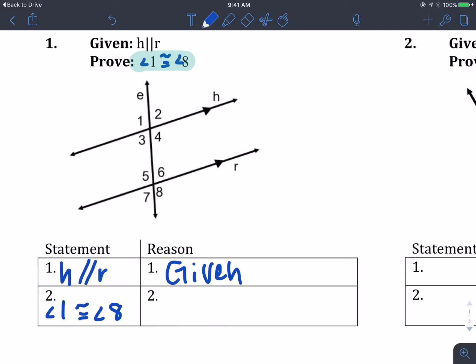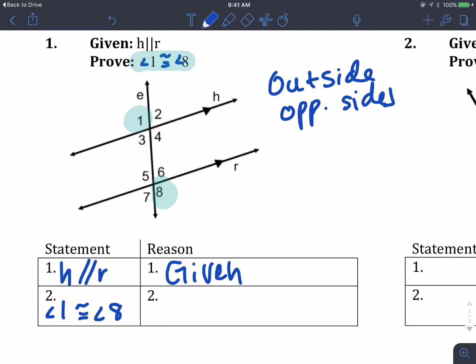To be able to do that, we have to decide what type of angles they are. So here's my angle 1, here's my angle 8. Looking at that, I see that they are both outside the parallel lines, and they are on opposite sides of the transversal. So outside the parallel lines and on two different sides of the transversal, one on the left, one on the right, that means we have alternate exterior angles.